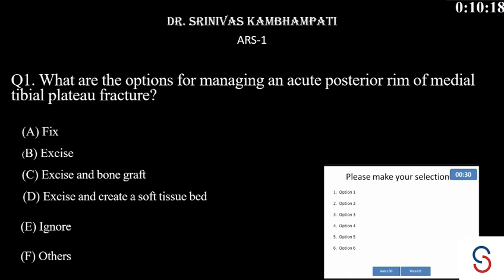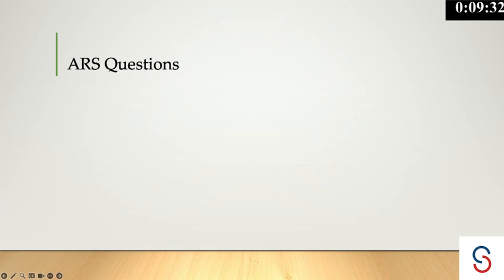So the case I presented was a chronic 2-year-old injury. If it had been an acute injury, what would be your line of management for the rim fracture of the tibial plateau? Can we have the second question, please? In a chronic patient like this one, what would be your choice of management?